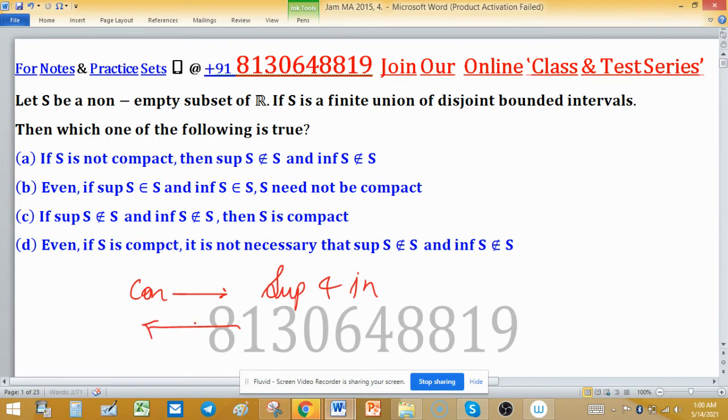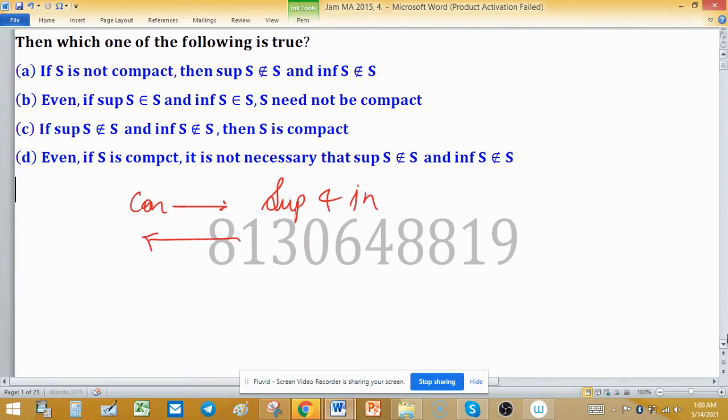So first we need an idea of what compact is.